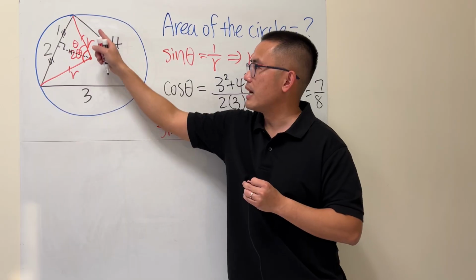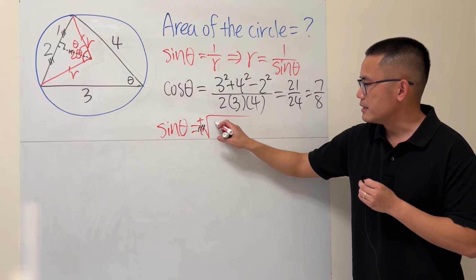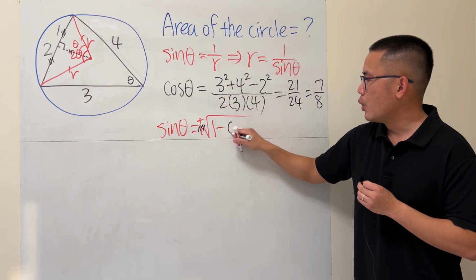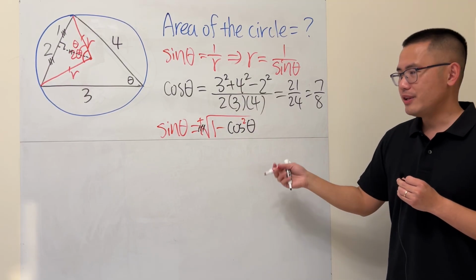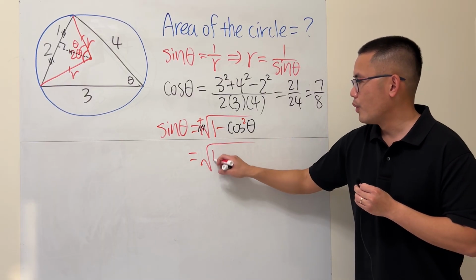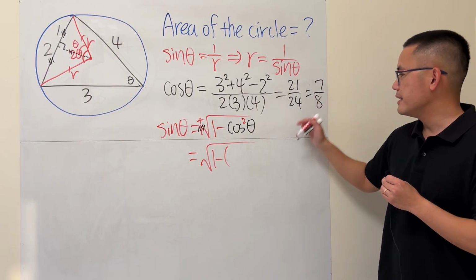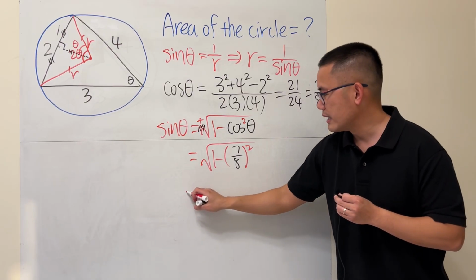This is the smaller side of the other two. For sure, it's acute. And the formula is the square root of 1 minus cosine squared theta. So we can just go ahead and figure this out. This is the square root of 1 minus cosine theta, which is 7/8, and then square that.